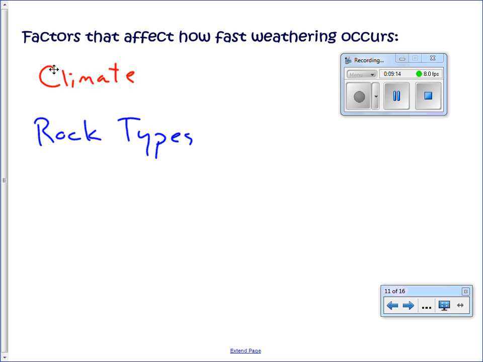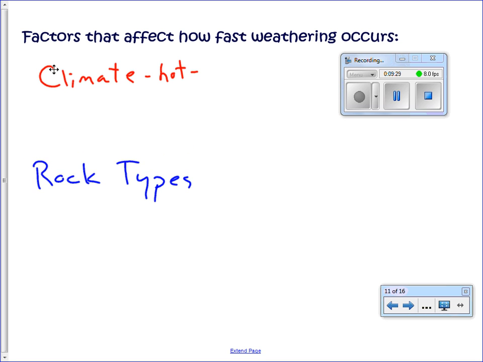Okay, so a couple of different things. First of all, if it's hot, how is that going to make it go faster or slower? Not sure? What about if it's cold? And so cold, you've got freezing.